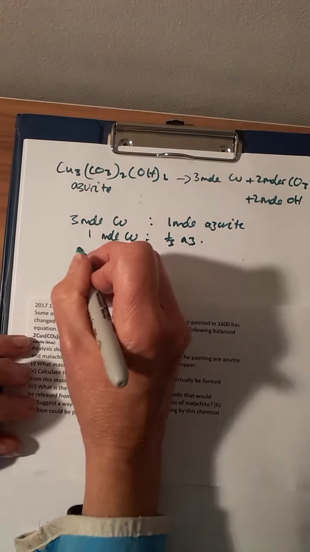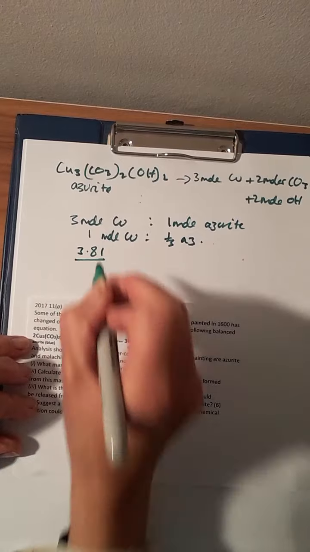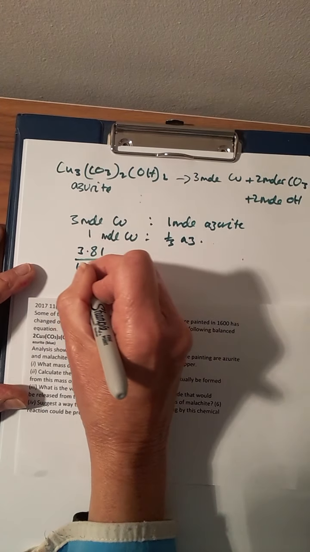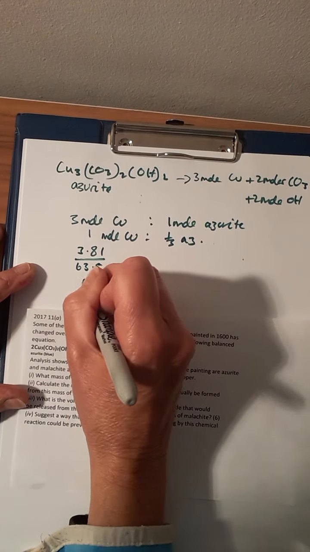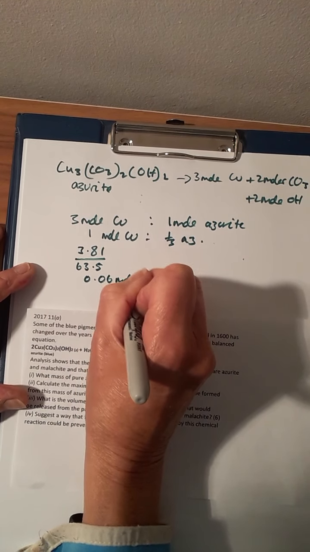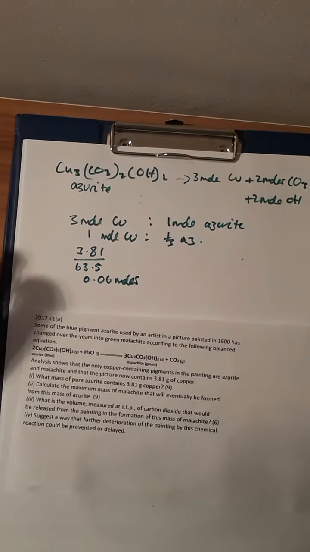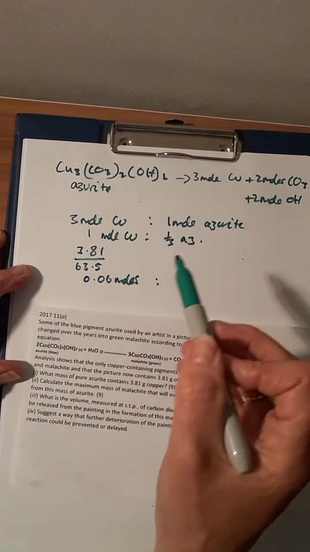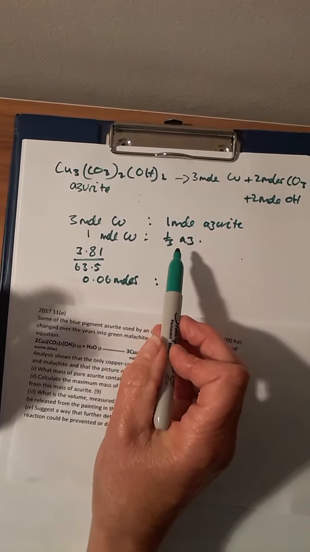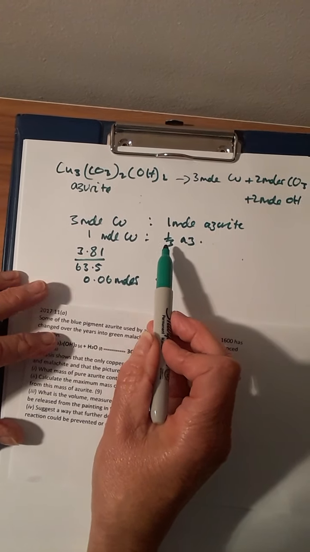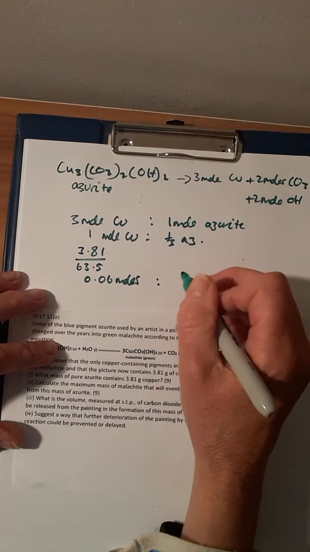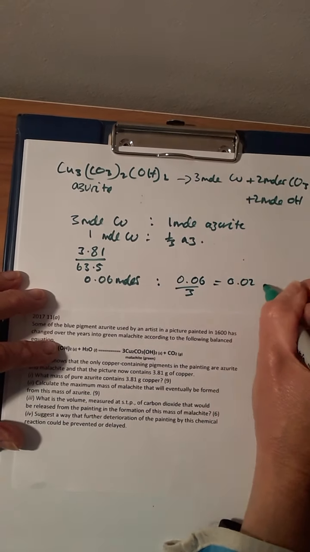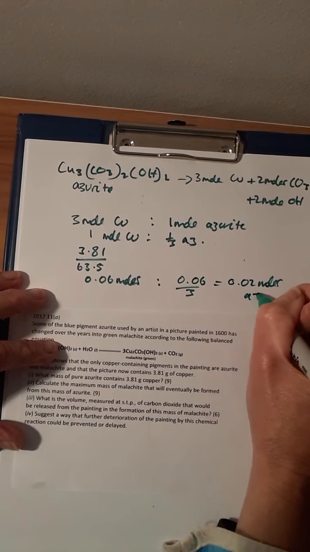If you have 3.81 grams of copper, let's convert that to moles. We'll divide it by copper's mass, 63.5, and when you do that, you get 0.06 moles. So 0.06 moles of copper comes from 1/3 of that of azurite. So when you divide the 0.06 by 3, that gives you 0.02 moles of azurite.